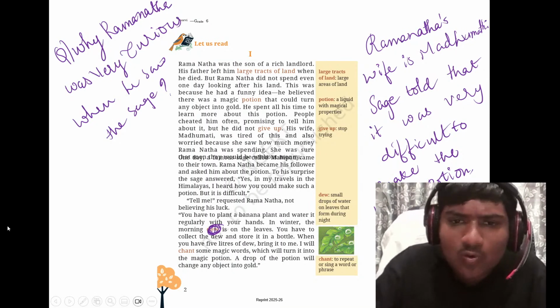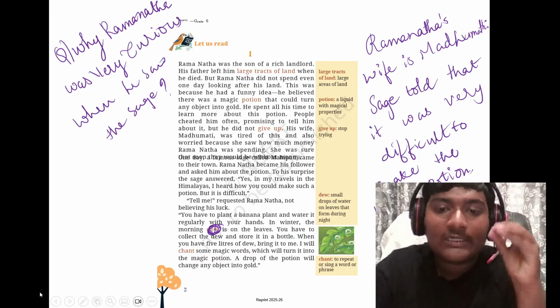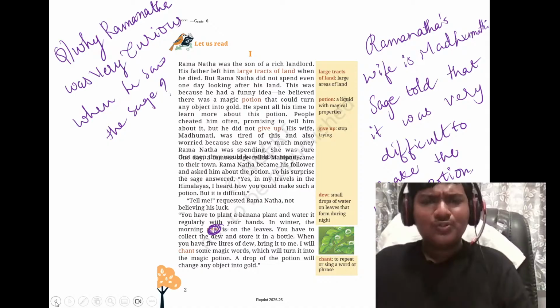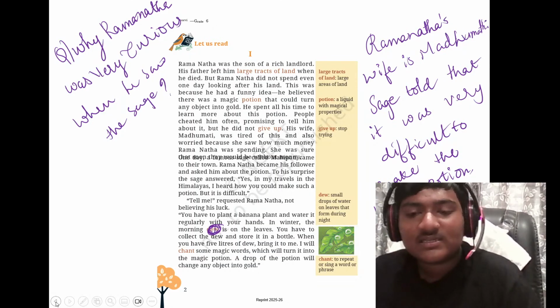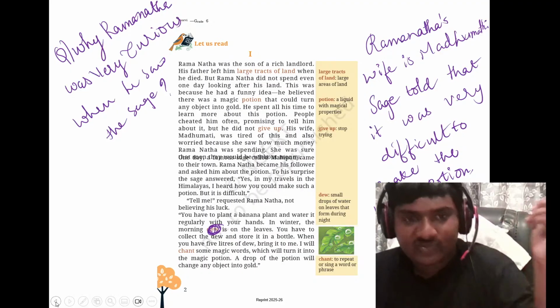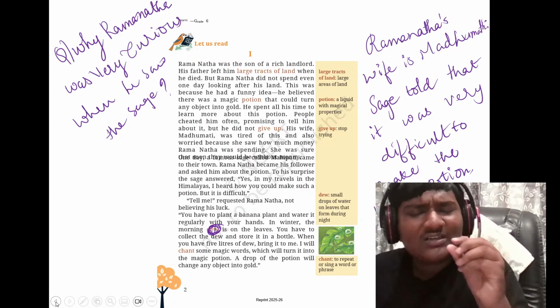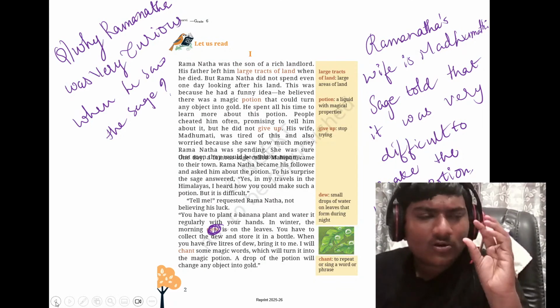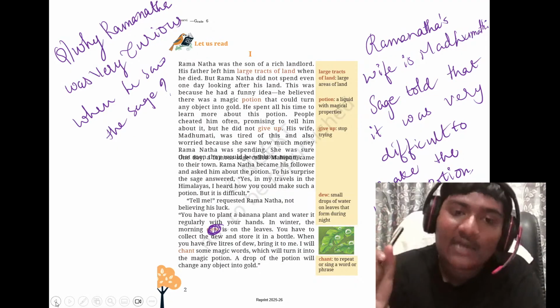Dew means small drops on leaves that fall during the night. So when he poured some water to the banana plant, there was also some dew. He has to collect that.